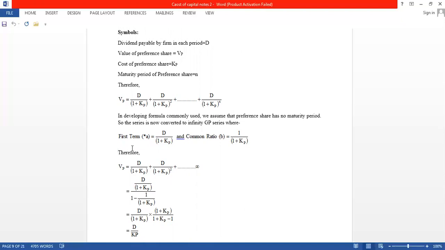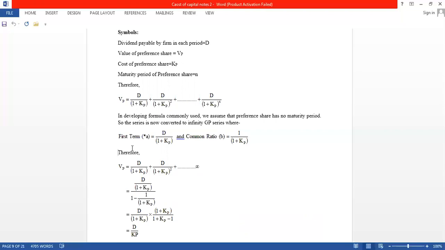We have mentioned that you have to ascertain how much return a preference shareholder will get in future by holding the preference share capital.